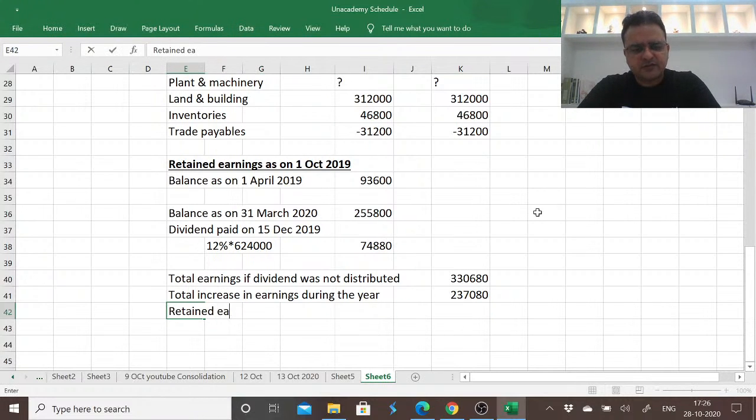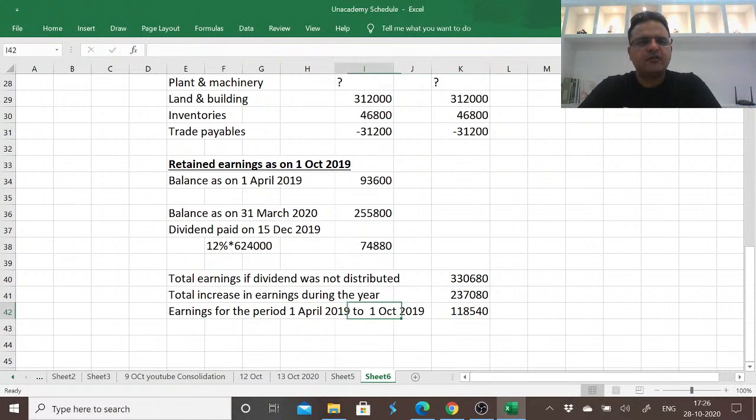So the retained earnings position as on 1st October 2019, or the earnings for the period 1st April 2019 to 1st October 2019, is equal to this into 6 by 12, which is the earnings during this period.